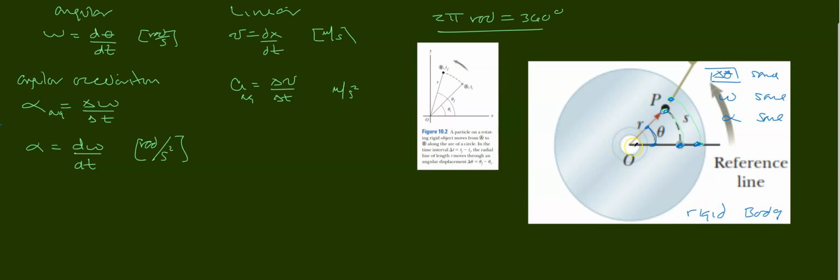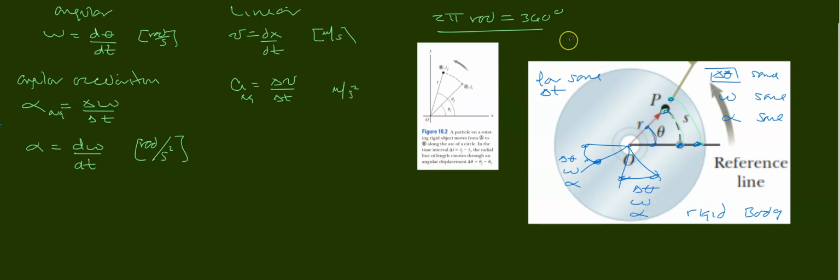But the same is true, for instance, for this particle that moves from here to here. It has the same delta theta, the same omega, and the same alpha. So for the same time interval, any particle, no matter where it is, will have the same delta theta, the same omega, and the same alpha.